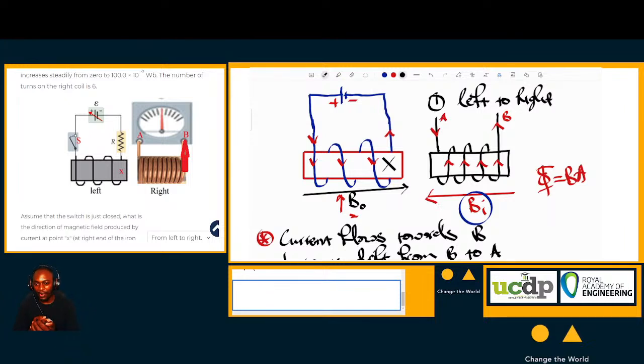So current is flowing from A to B, and electrons are flowing from B to A.